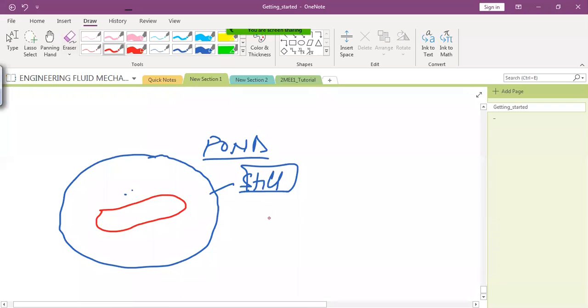Now, some student brought a soap. If someone brings a soap and just touches the water surface that is within this loop, what will happen to this loop?